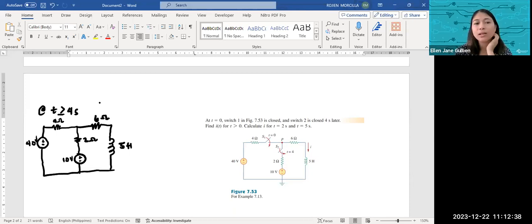So this is our circuit for a time of 4 seconds.